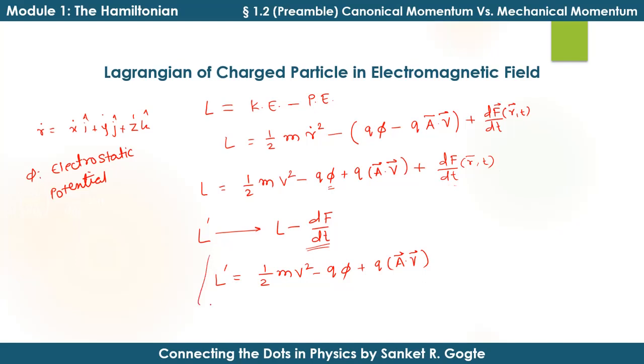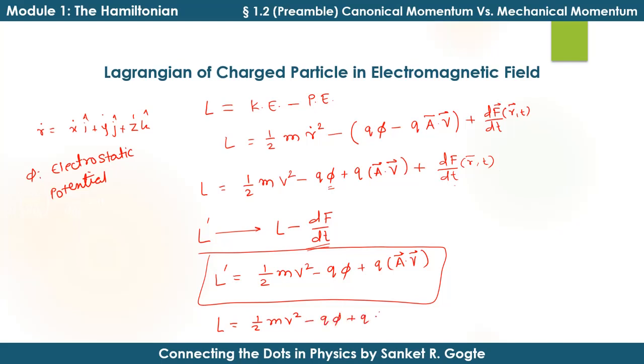Now I'll get rid of that L prime sign and simply write L as 1 by 2 mv square minus q phi plus q into A dot v. So this is the Lagrangian of a charged particle in an electromagnetic field.